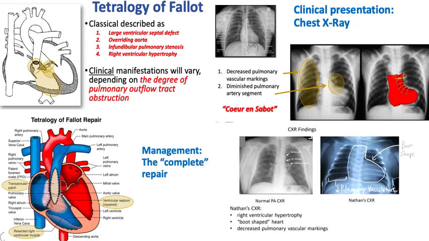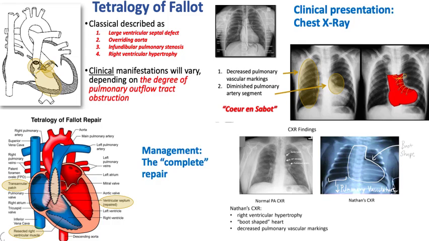It is not the stenosis of the pulmonary valve, it is the infundibular part of the pulmonary trunk that has stenosis, and right ventricular hypertrophy because of more work that has to be put up by the right ventricle.